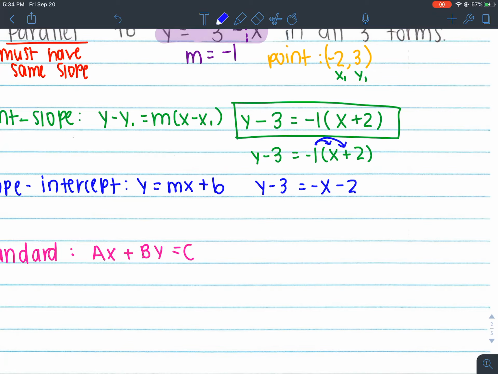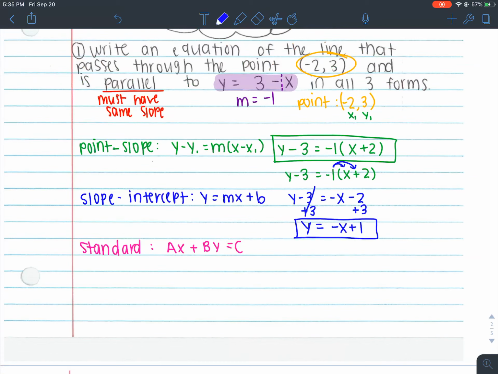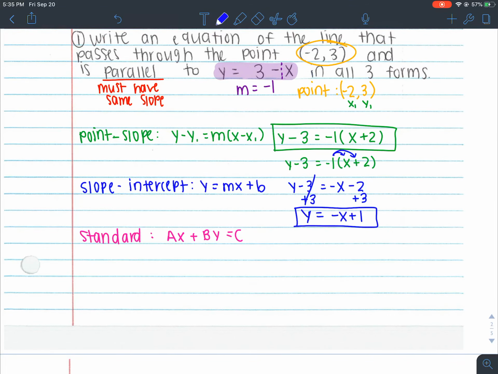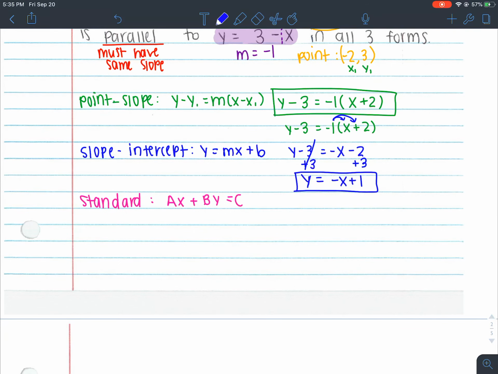And I still need y by itself, so I'm going to add 3 to both sides. And I get y equals -x plus 1. Is this in y equals mx plus b form? Yes. So this is my slope-intercept form, because I have it in y equals mx plus b form. My slope is still -1, and it needs to be -1 because it has to have the same slope to be parallel. Okay. Now we have to put it into standard.